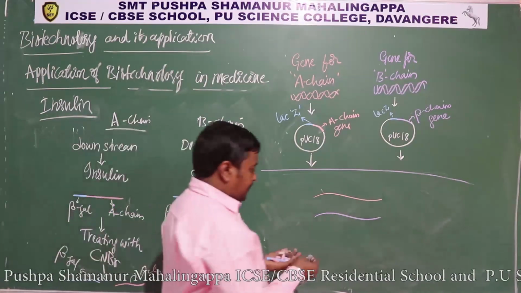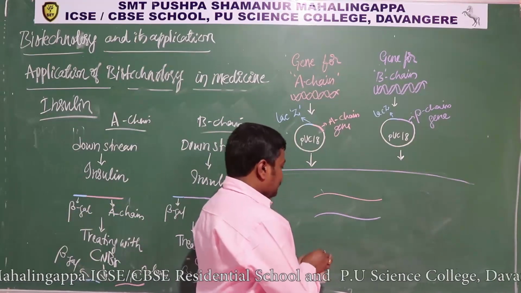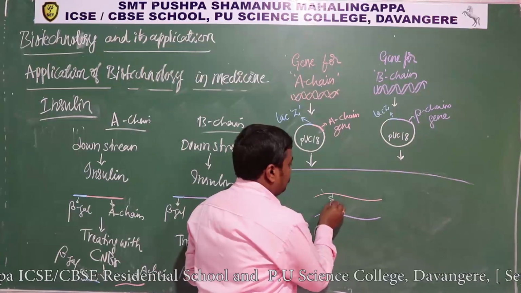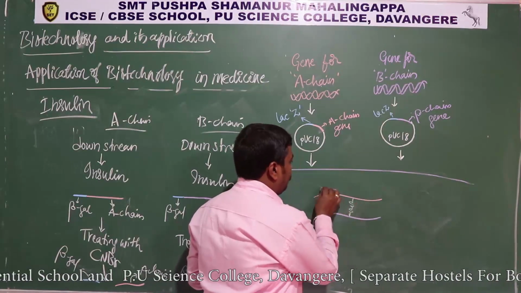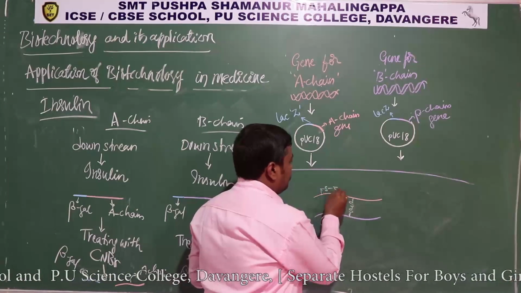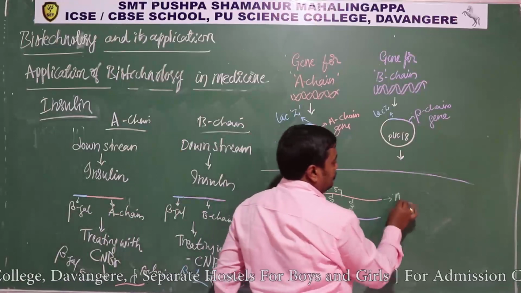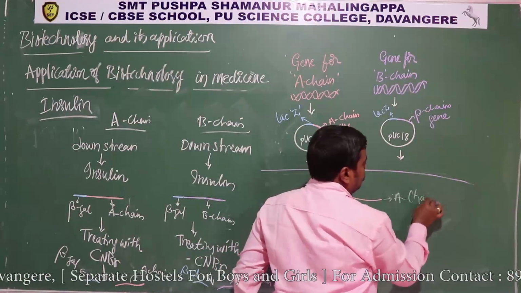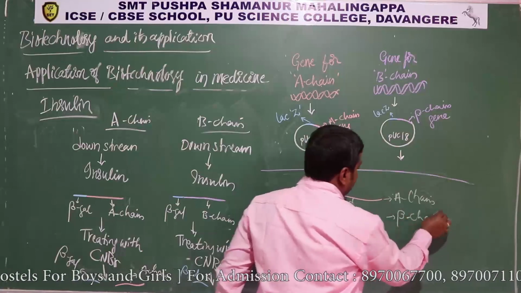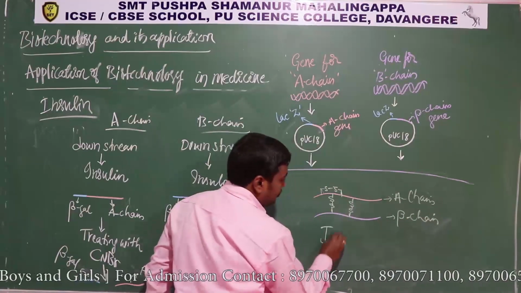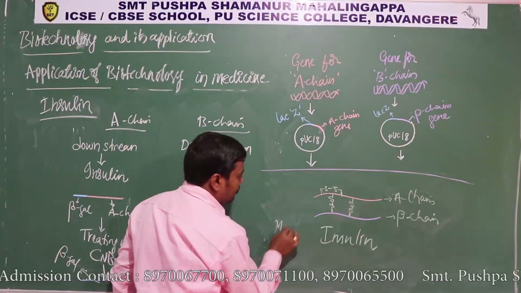Now they treated and they created a disulfide bond. Artificially they created a disulfide bond like this. Now this is A chain and this is B chain. So this is the insulin. So this is a matured insulin.